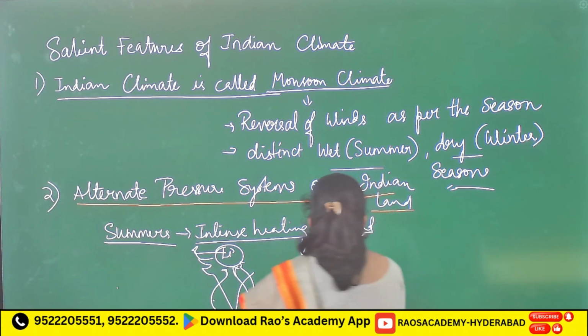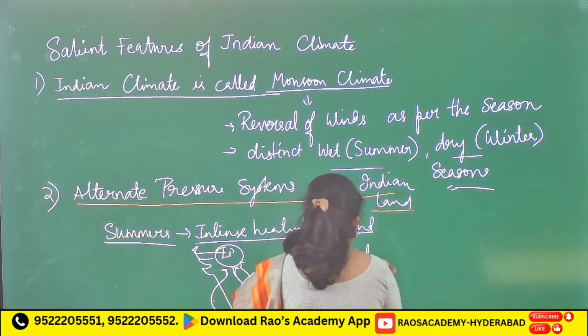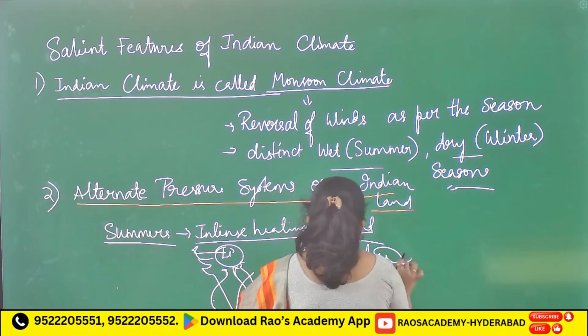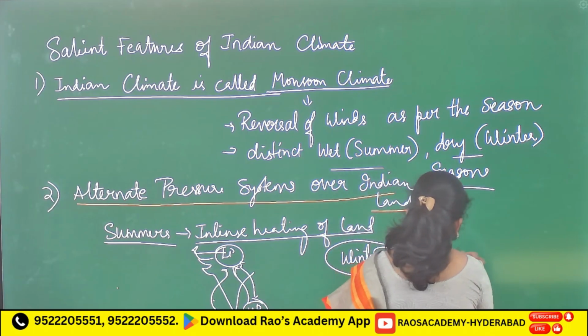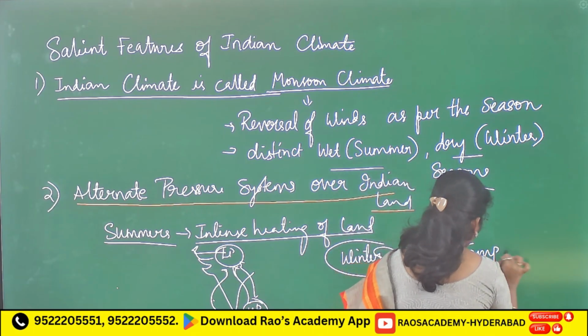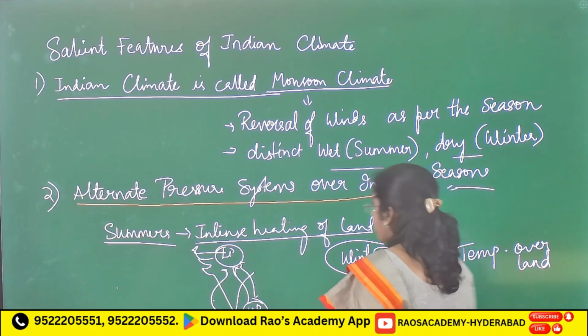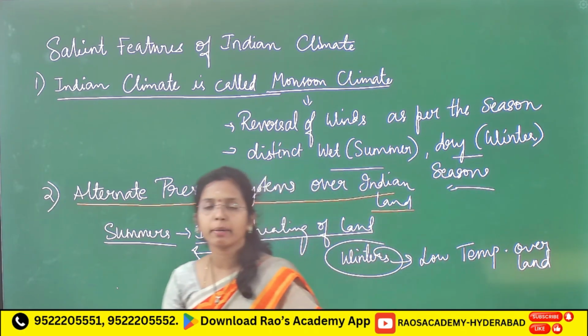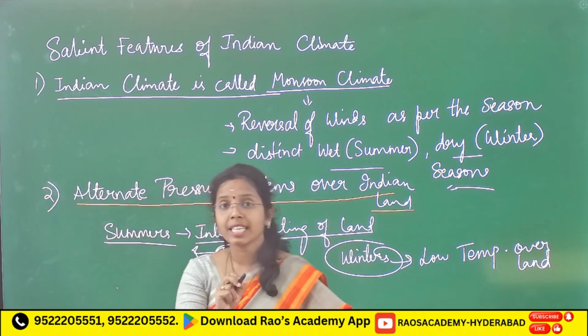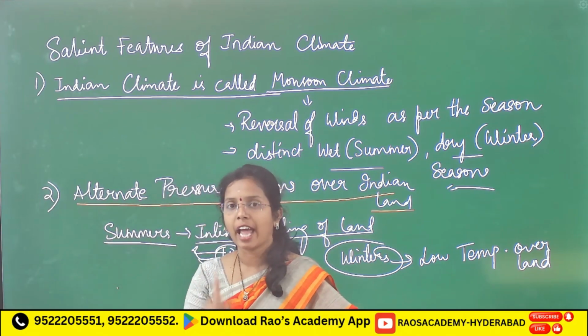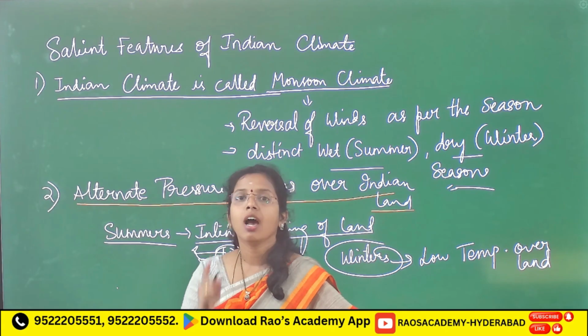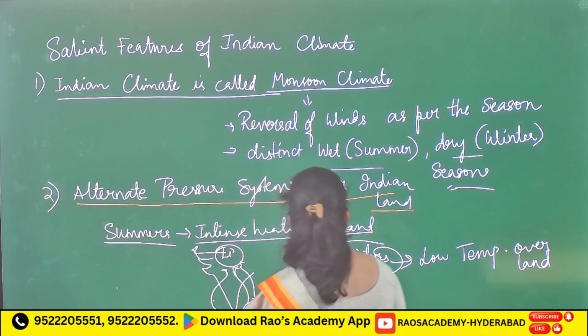And in winters, what happens? Low temperature over land. Because of this low temperature means cold air means dense air means sinking of air, and at that place you will see high pressure.